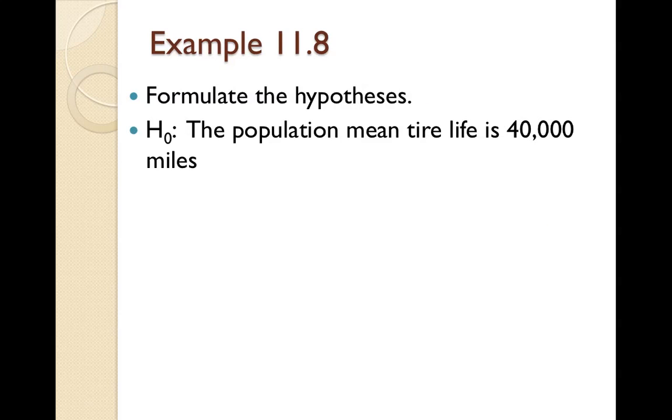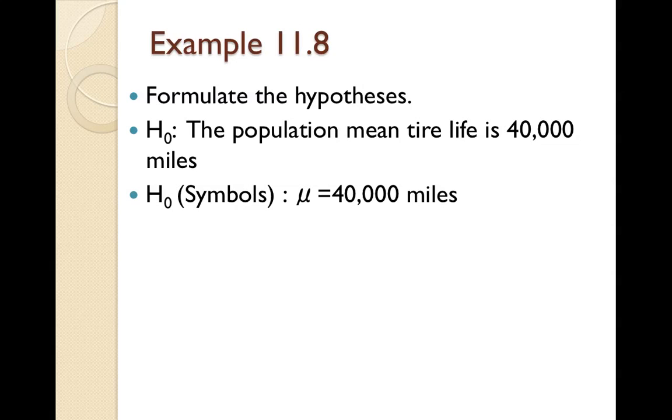So H0 is going to be the population mean tire life is 40,000. This is the claim about the population. This is the established status quo. And then symbolically, we're going to state mu equals 40,000 miles.